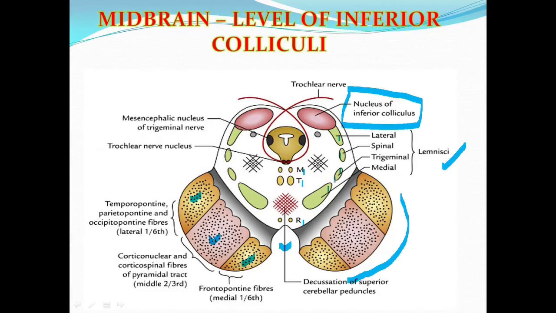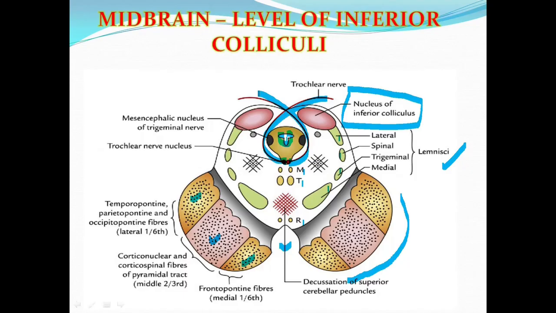Exactly, when you study external features, inferior to the inferior colliculus in the midline, we studied that the trochlear nerve emerges outside. Now see this is the cerebral aqueduct of the midbrain, and try to identify the nucleus of the trochlear nerve. A very important point is that the trochlear nerve also decussates to the opposite side.